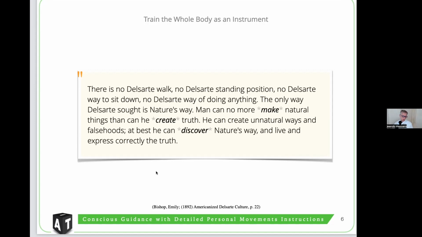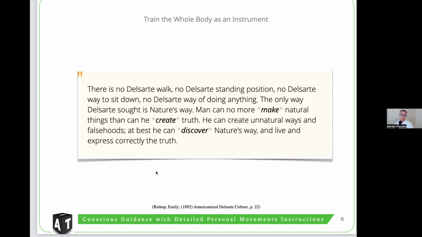So, I'm still teaching walk. I'm teaching the standing position. I'm still teaching going up from the chair without throwing the middle torso forward, which is what Alexander in his books called, of course, the frog dance. I am still teaching that. I did not invent any of these things, of course.